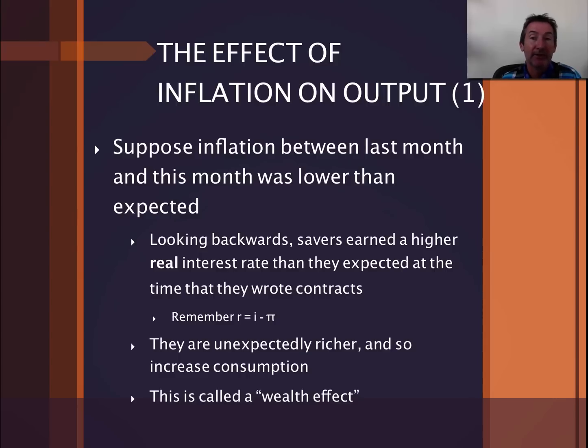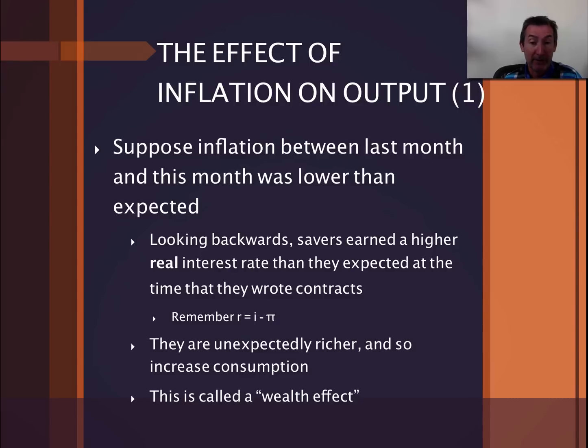So first, suppose inflation between last month and this month was lower than expected. Well, this means if we think about households who are savers in the economy, then they're going to have earned a higher real interest rate than they expected at the time they made their savings decisions, at the time they wrote any contracts. Because the real interest rate is, from the Fisher equation, the nominal interest rate minus the inflation rate.